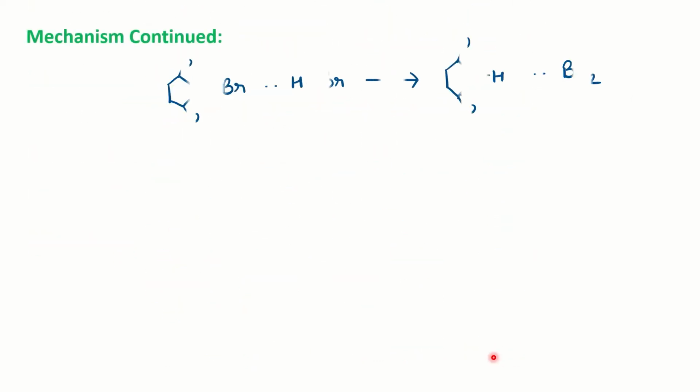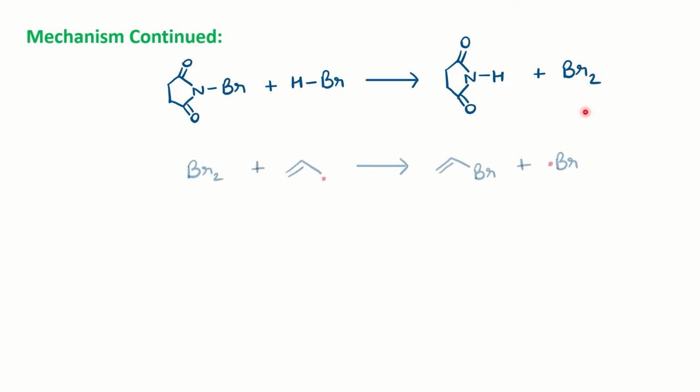We'll continue with this mechanism. The HBr which formed previously will react with the N-Bromosuccinimide, and it forms succinimide and bromine. So basically the role of NBS is the constant generation of a low concentration of bromine. NBS generates a low concentration of bromine in constant amount during the reaction.